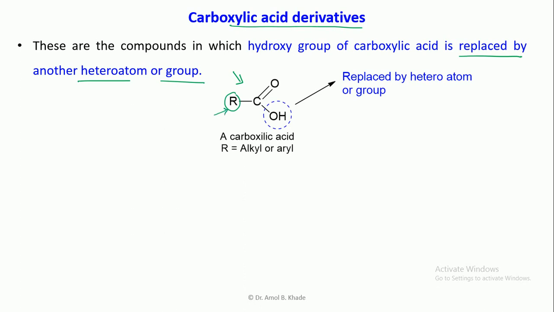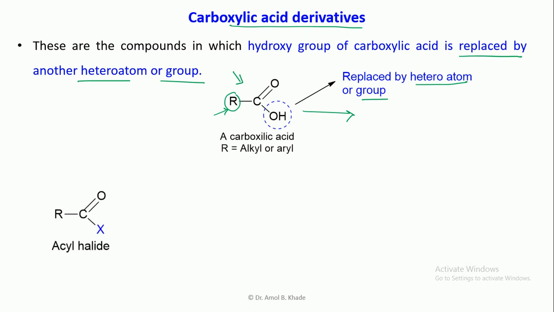So this R could be an alkyl or it could be an aryl, and there is a C double bond O, and the same carbon is attached to the OH, that is the hydroxy group. So when you replace this hydroxy group with either a heteroatom or a particular group, we refer to them as carboxylic acid derivatives, because they are prepared from this one. Okay, so carboxylic acids are converted to their derivatives by suitable chemical reactions.